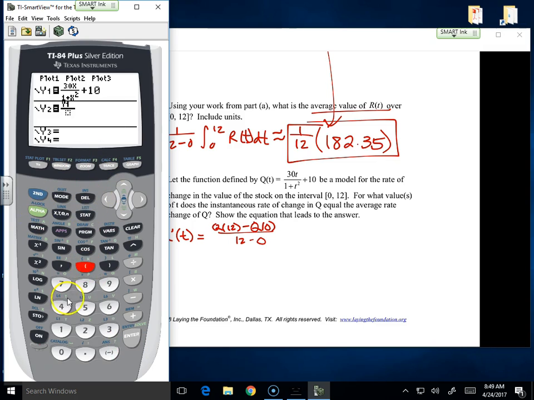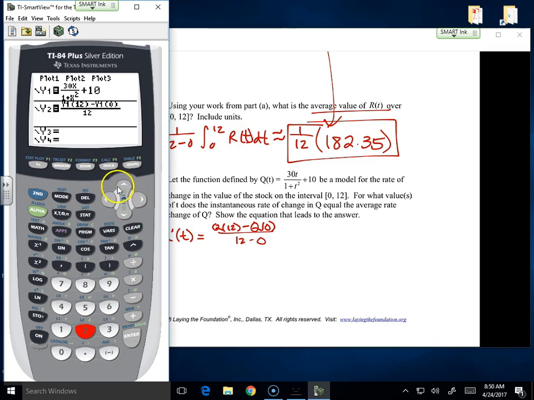Y1 of 12, and not even need to store it, minus Y1 of 0, all over 12 minus 0. Hopefully I can do that one in my head, right?